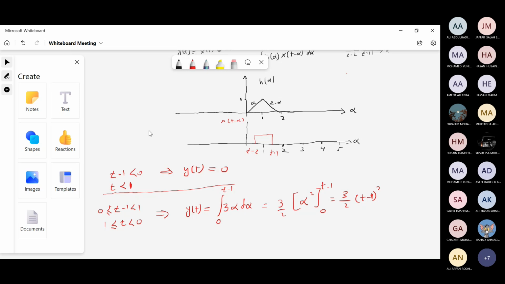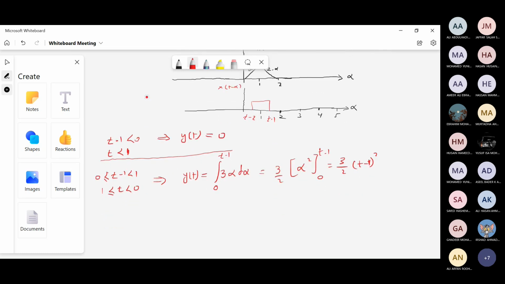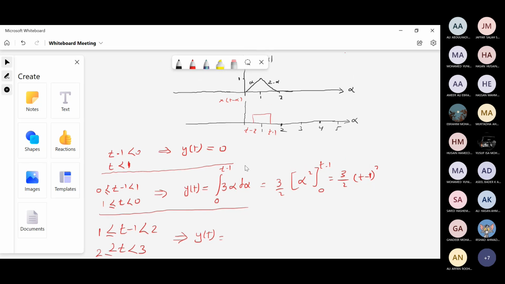Now, if t minus 1 is greater than 1 but less than 2, which means that t is greater than 2 but less than 3, what is y of t here? Notice here, again, this is 3. Anything less than t minus 2 will be equal to 0 because we multiplied by 0 here, multiplied by alpha.